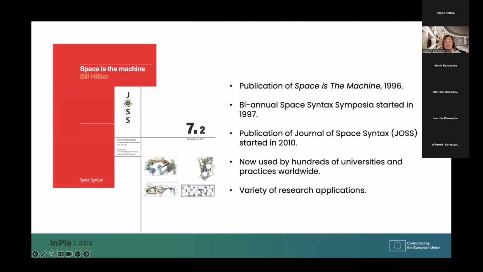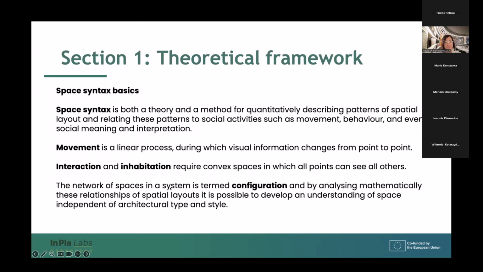Also, a bit later on, in 2010, we have the publication of the Journal of Space Index. This approach is now used by hundreds of universities, practices, and so on worldwide, and there's a variety of research applications, some examples of which we will see today.